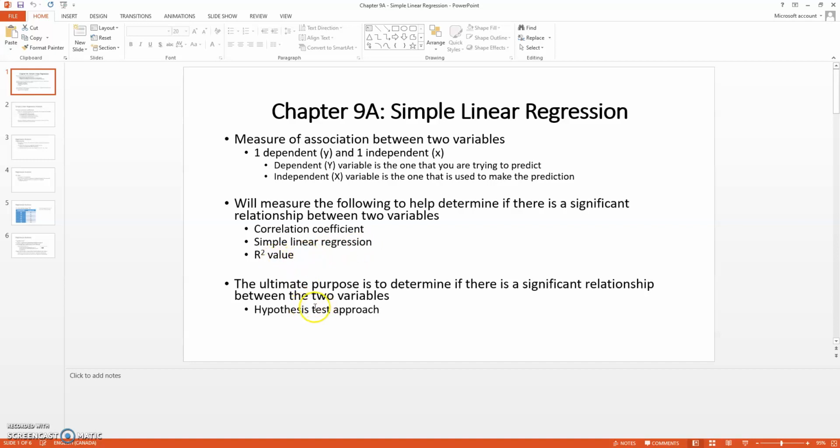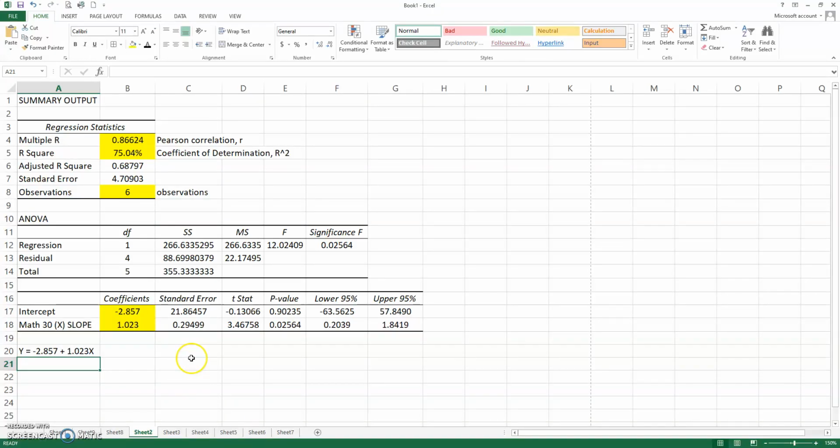Now we're going to look at the hypotheses approach to determine if there is a significant relationship, because if there is not a significant relationship, we do not want to use this estimated regression equation. We'll only use this equation if there's a significant relationship between the two variables. And that can be measured in linear regression, simple linear and multiple linear regression, by using this value right in here.